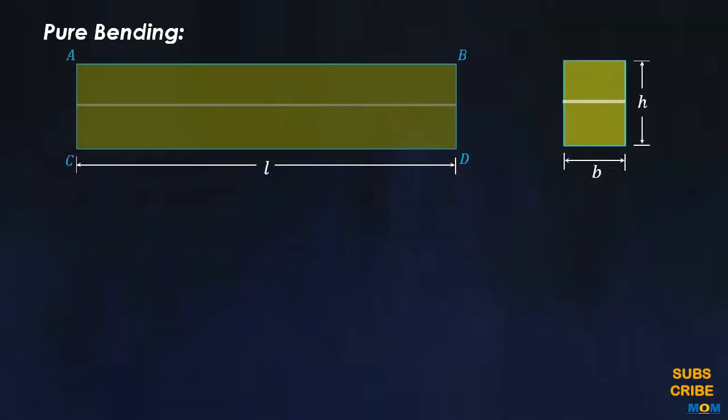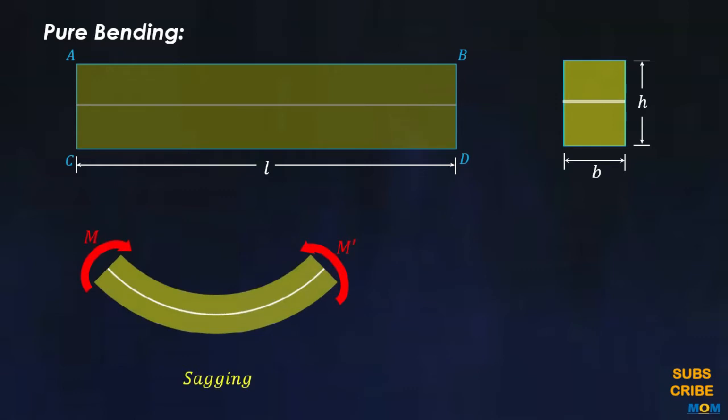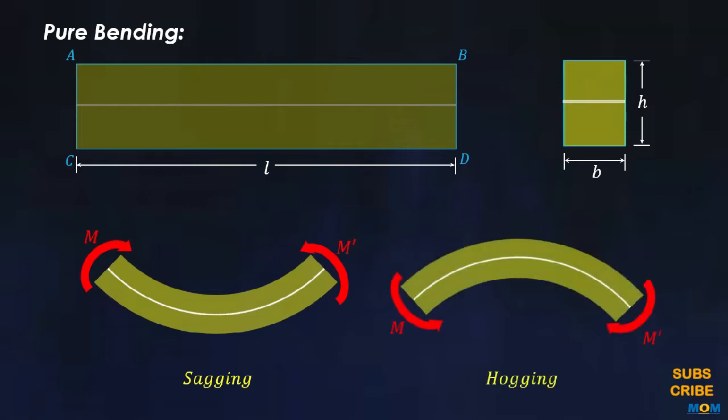Now, once the beam is subjected to equal and opposite couples M and M', the curvature is formed. If the center of curvature is upward from the beam, the curvature is termed sagging, and if the center of curvature is downward from the beam, the curvature is termed hogging.